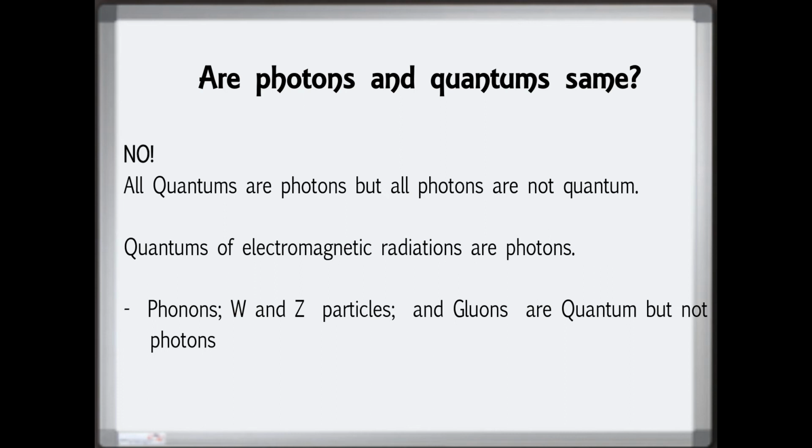However, in the case of phonons, W and Z particles, gluons, and some other examples as well, the quanta are not photons. They are neither electromagnetic particles, nor do they travel in a wave-like pattern in these cases.